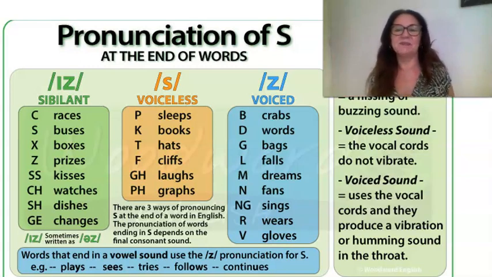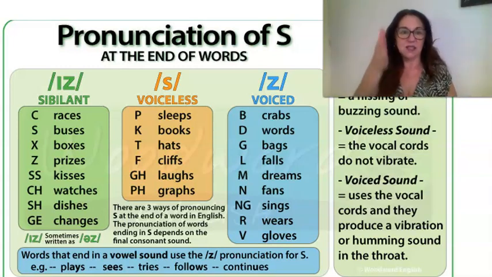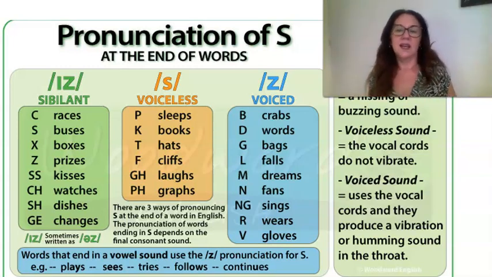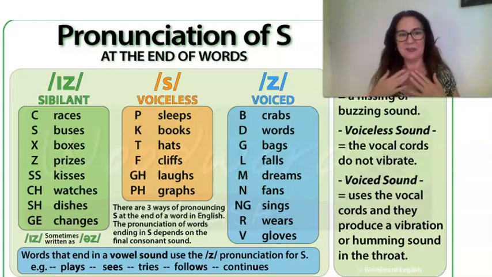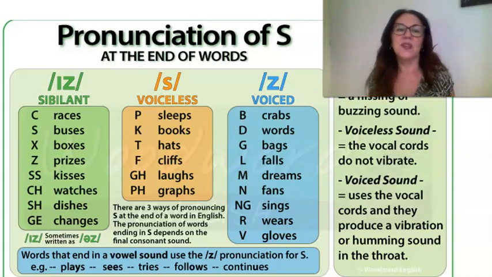Okay, so I want you to practice now. I want you to read all the words in the different columns and record them in an audio and send them to me. Okay, so I will read them for the last time for you, starting with the last one.